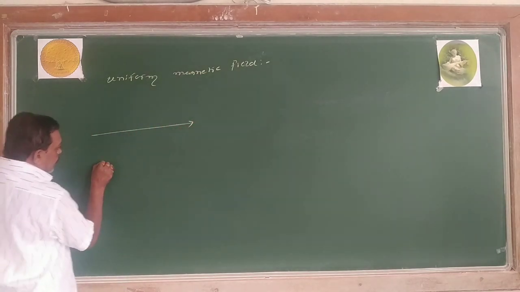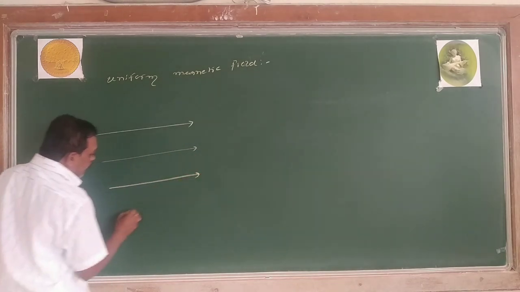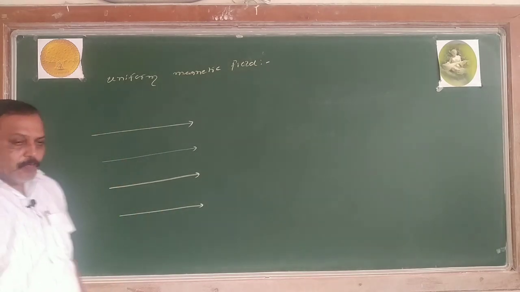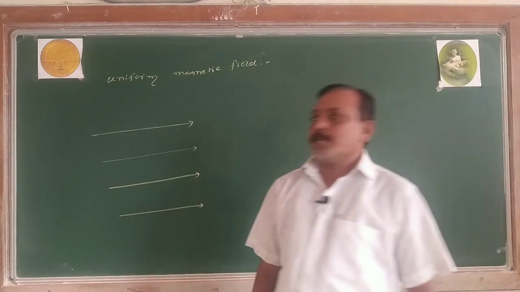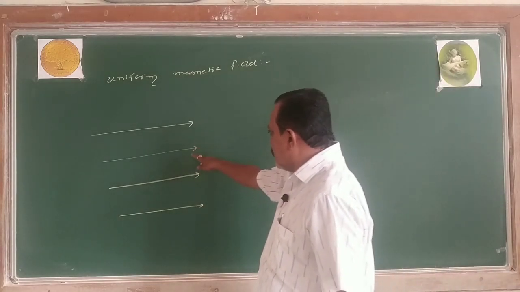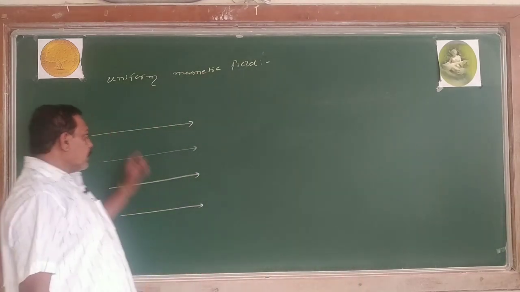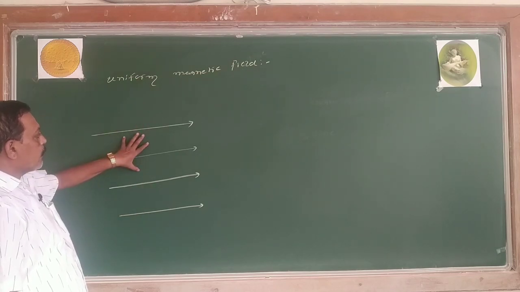These are the magnetic lines of forces which are parallel, equispaced and in the same direction. This represents a uniform magnetic field in the plane of the paper.